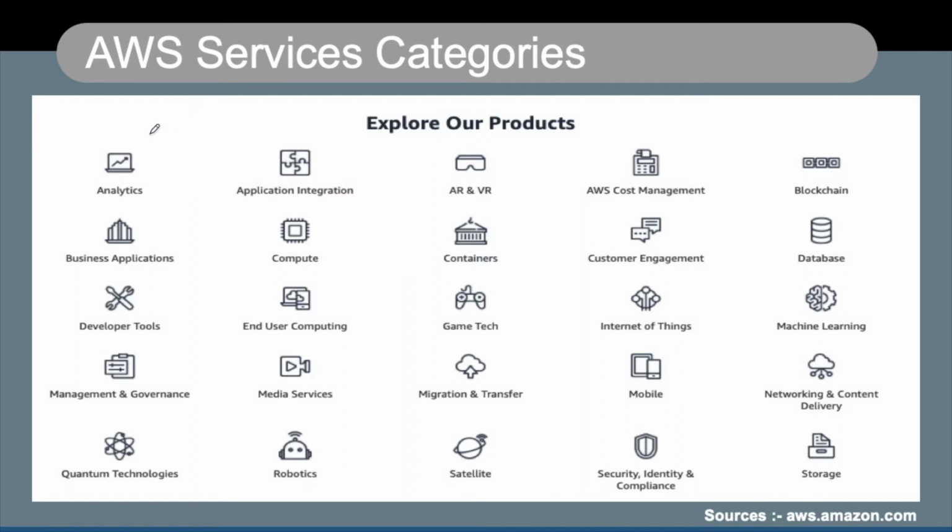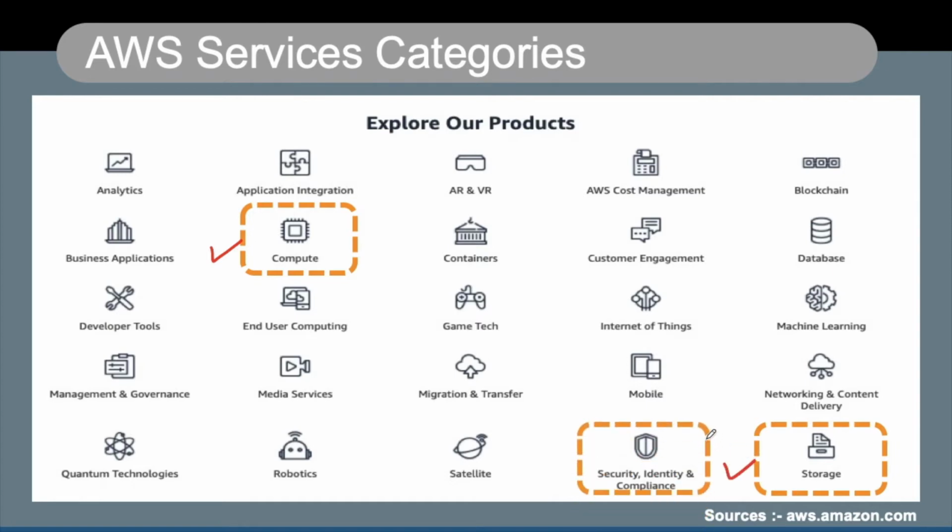However, we are not going to talk about all these AWS services in this course, and it is typically not possible for anybody to know or become an expert in all of them. The services we are going to discuss in this course are some of the compute services, some of the storage services, AWS security, identity and compliance services, some of the database services, as well as some networking and content delivery services.